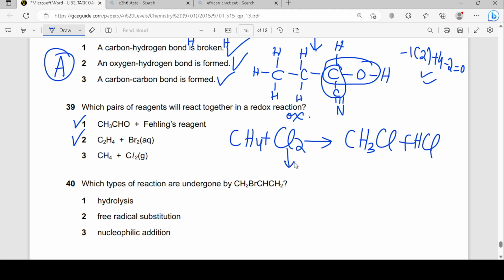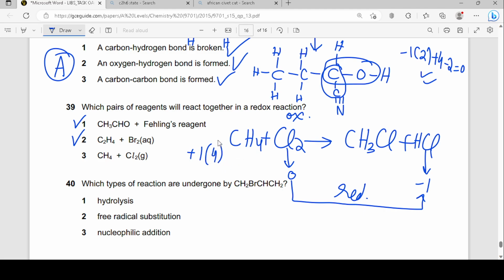Over here, Cl2 has 0 oxidation state. HCl has -1 oxidation state because hydrogen is +1, so that's -1. And 0 to -1 means the oxidation state is decreasing, right? So it's reduction.